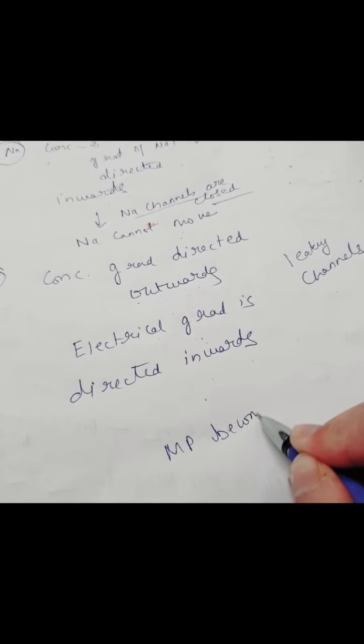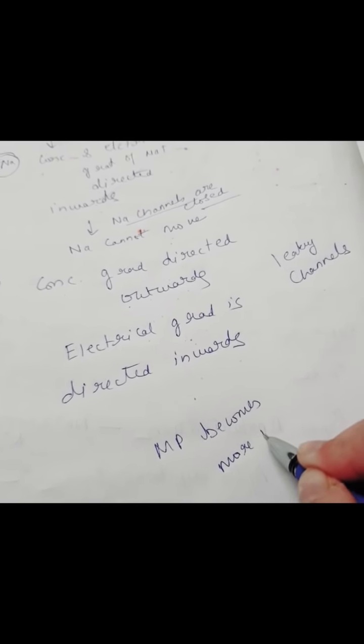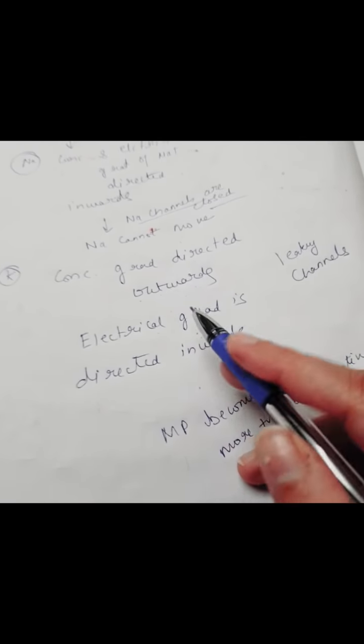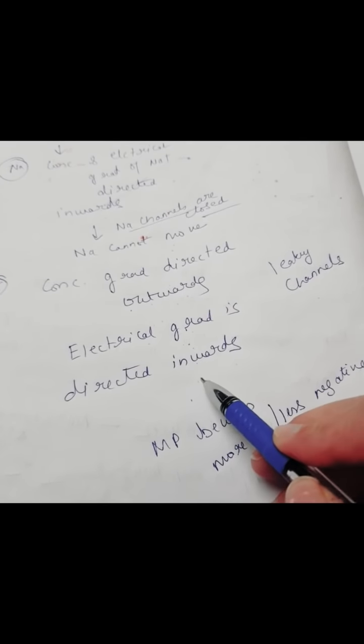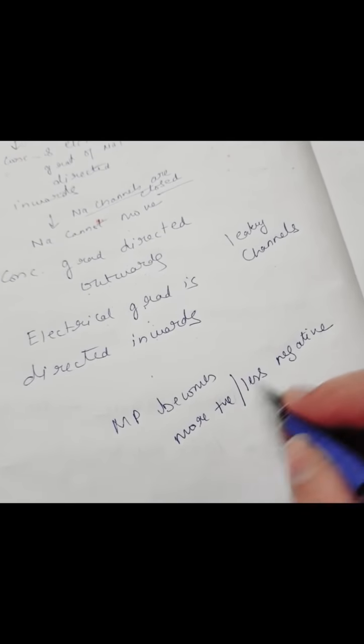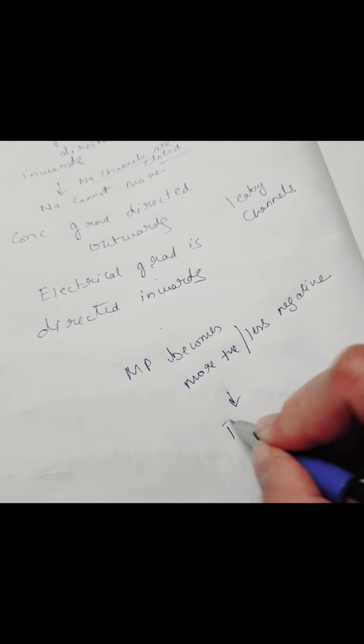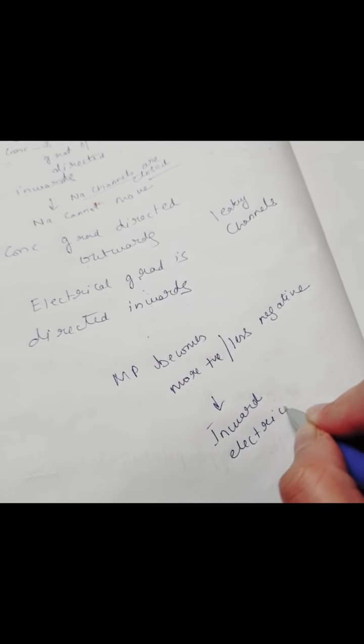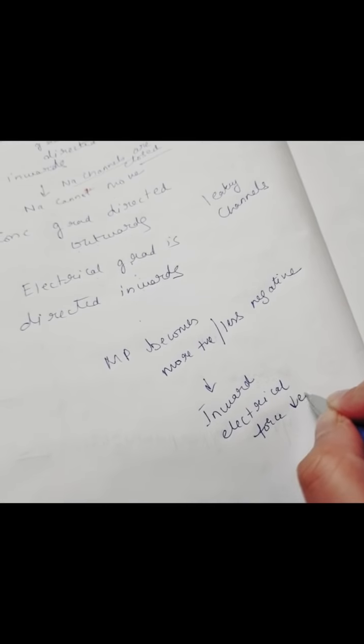Now, as the membrane becomes more positive, that is less negative, the inward electrical force decreases, and potassium efflux occurs through the leaky channels.